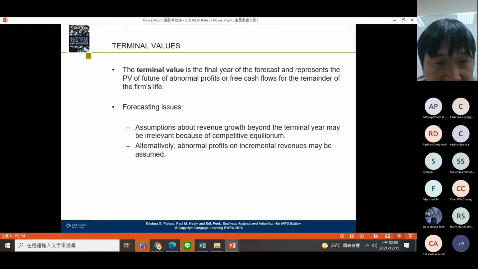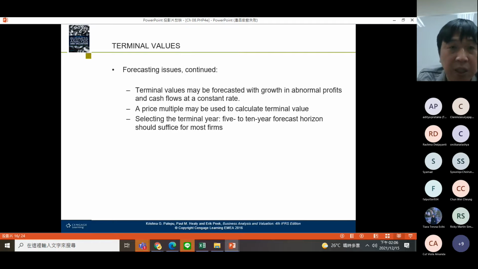So this is our last important factor, as I mentioned before. Terminal value might be forecasted with growth in abnormal profits and cash flow at a constant rate.